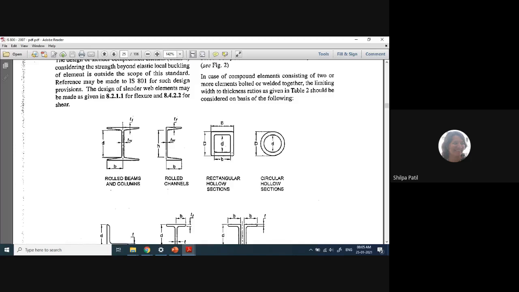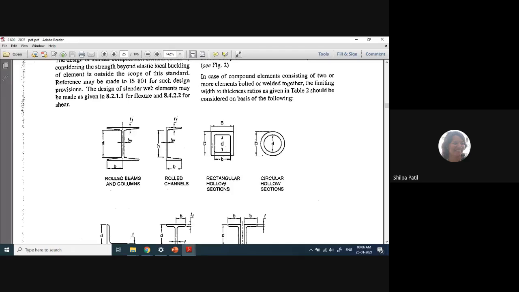Okay, so for columns and beams, we never use angle section, unless the load is very small. If the load is very small, then we can use angle section. But if there is a heavy load, then we never go for angle section. Okay, we either use I section or channel section.